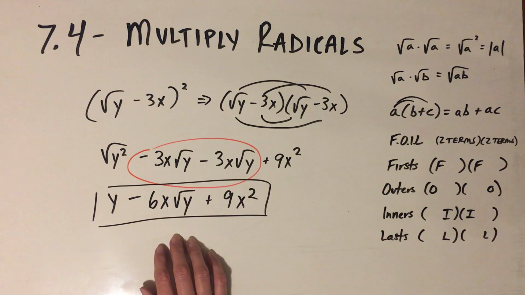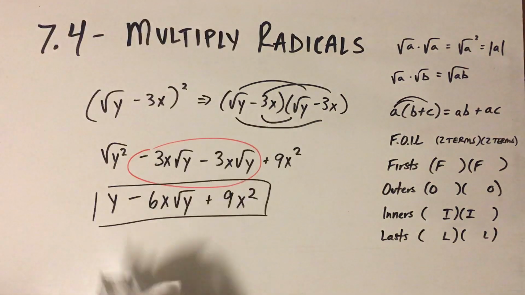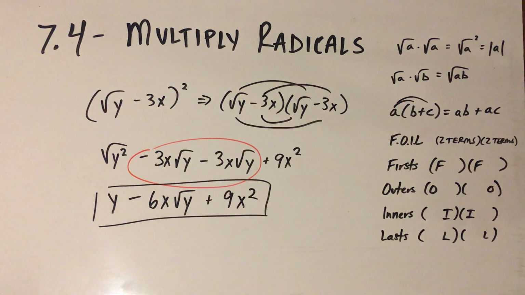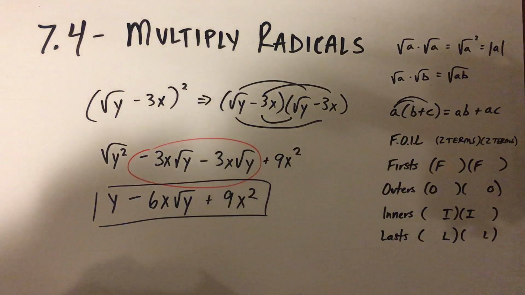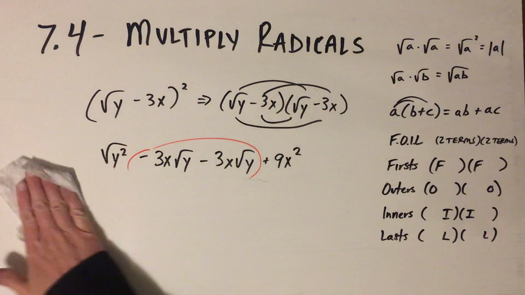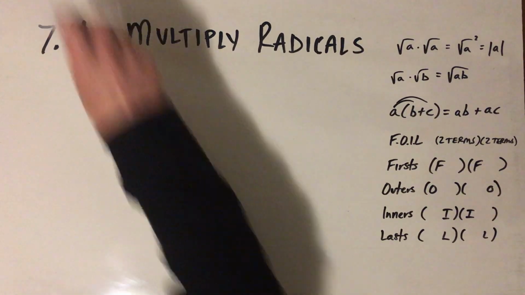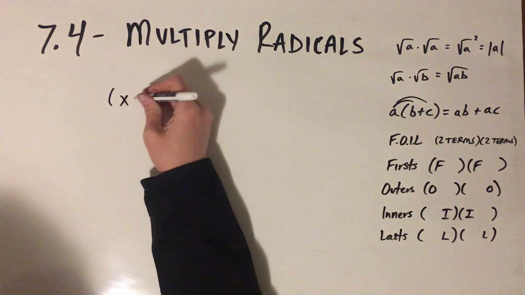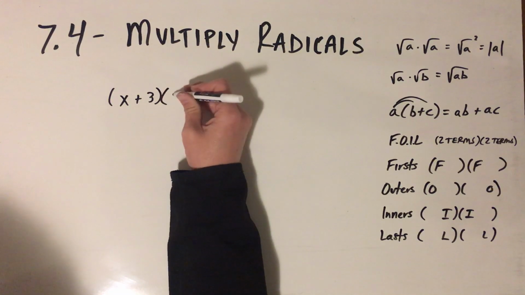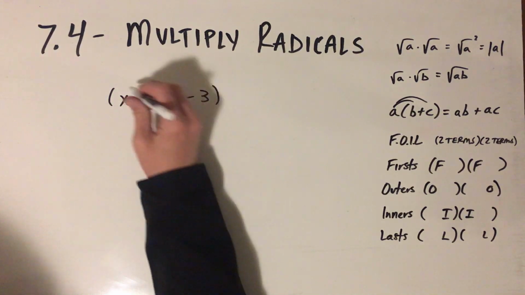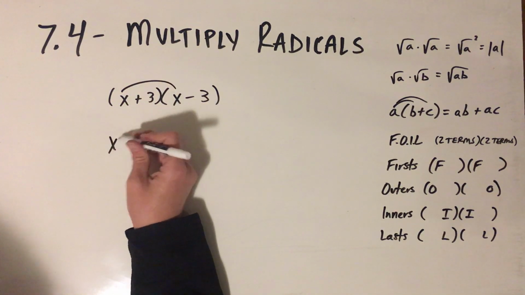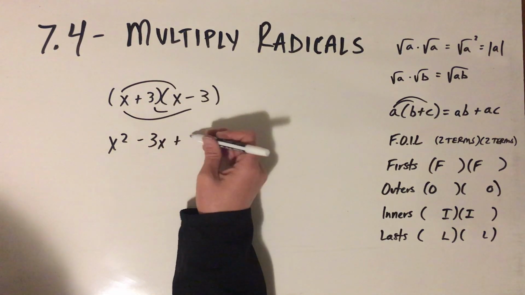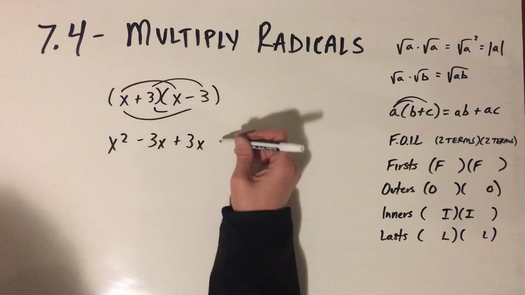Okay, well, let's talk about the concept of a conjugate. This is our last piece of this section of multiplying radicals. So what is a conjugate? Well, back when we were factoring, we talked about what if I have x plus 3 and x minus 3, and I multiply these by FOILing, and I get x squared minus 3x plus 3x minus 9.